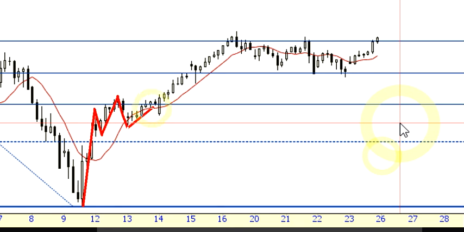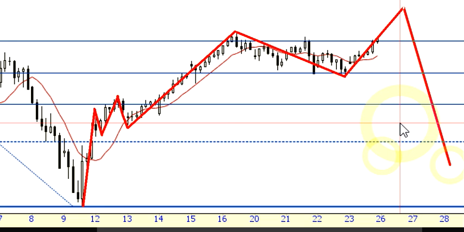This whole thing, A, breaks down into A, B, C, and then B, and then C. And then this looks like maybe a complex B. And then maybe what we're going to do is finish out a C up into this area around 2750 to 2800, in which case we'll potentially get our wave 3 down.